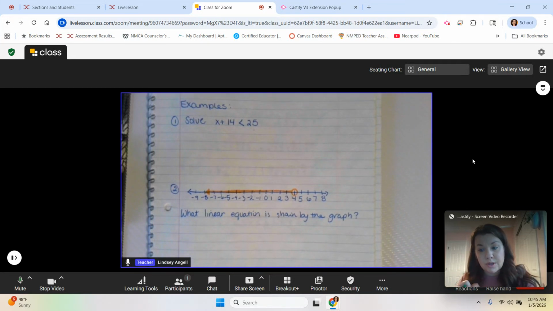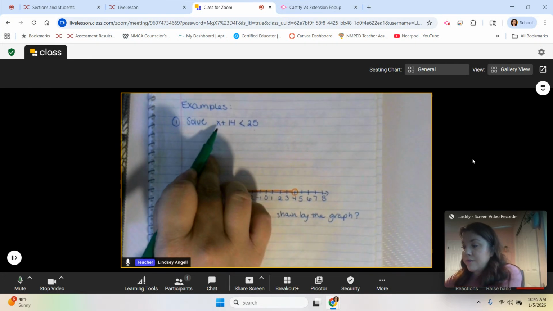Okay, so I'm going to treat this just like I would an equation. And if you remember from last semester, if I see addition in my equation, I need to use subtraction to solve for my variable. My goal is still to get my variable isolated, or by itself.